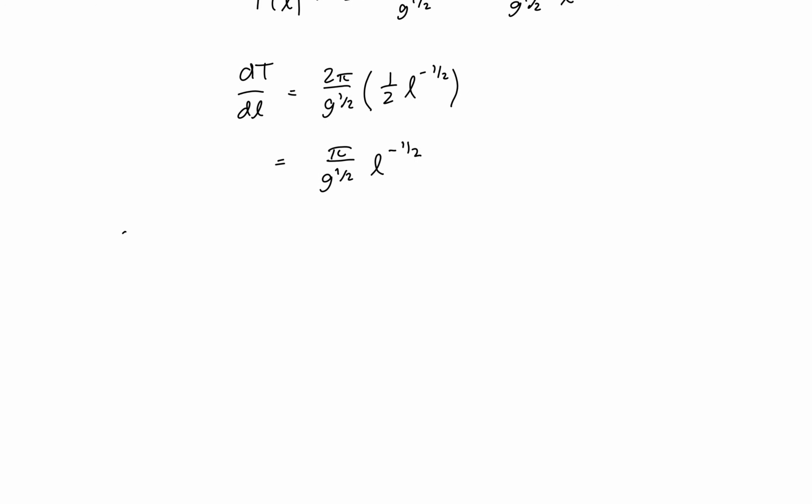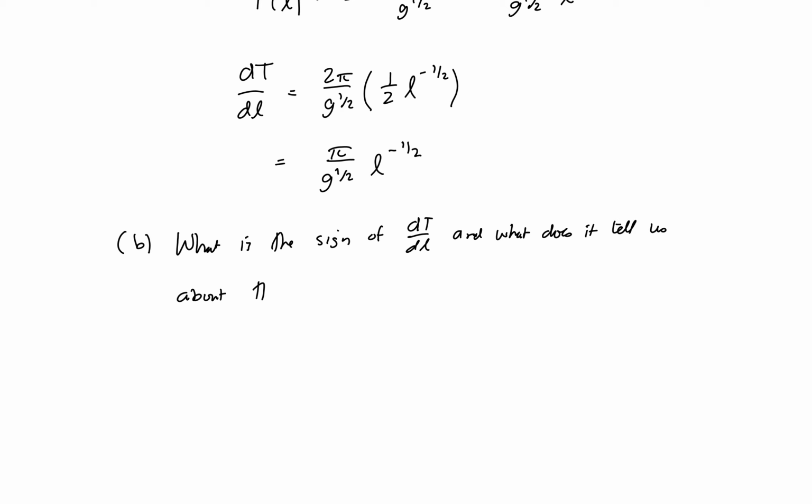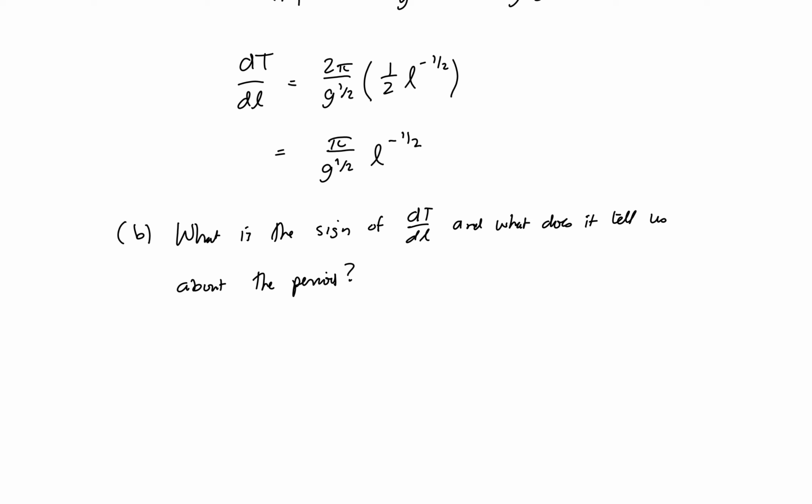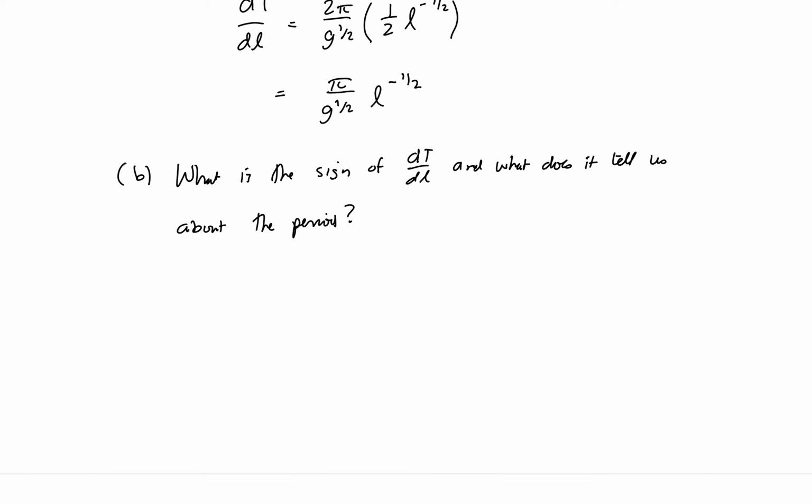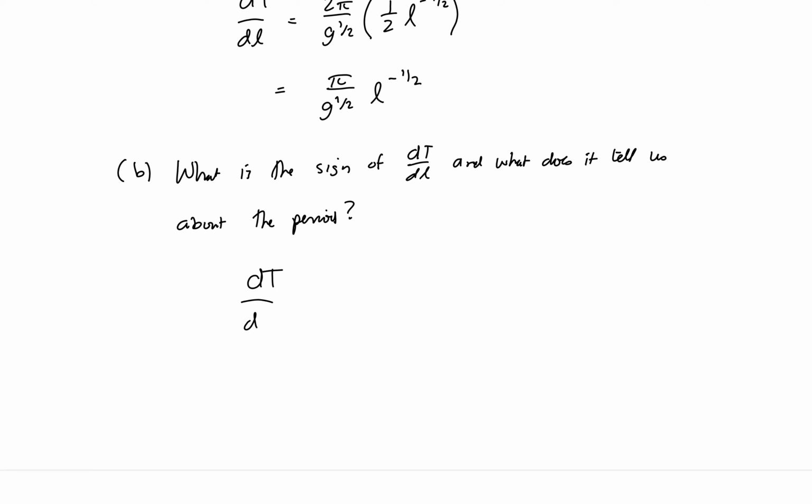And now we might ask some questions about this. So for example, what is the sign of dT/dL, and what does it tell us about the period? Well, since G is the gravitational constant and that's positive, and pi is positive, I definitely always have dT/dL is positive.